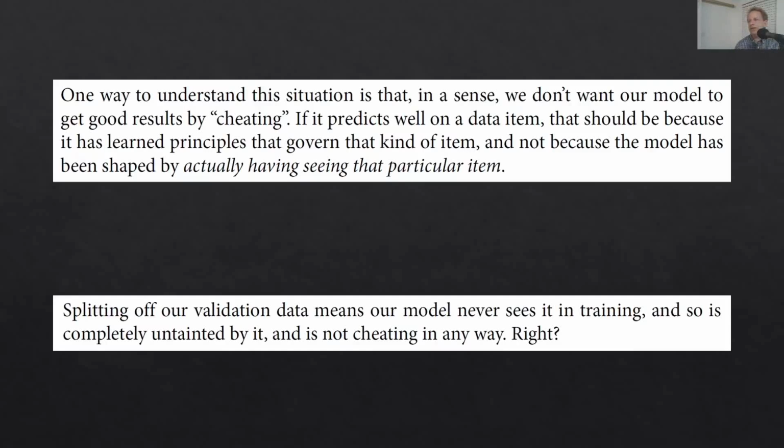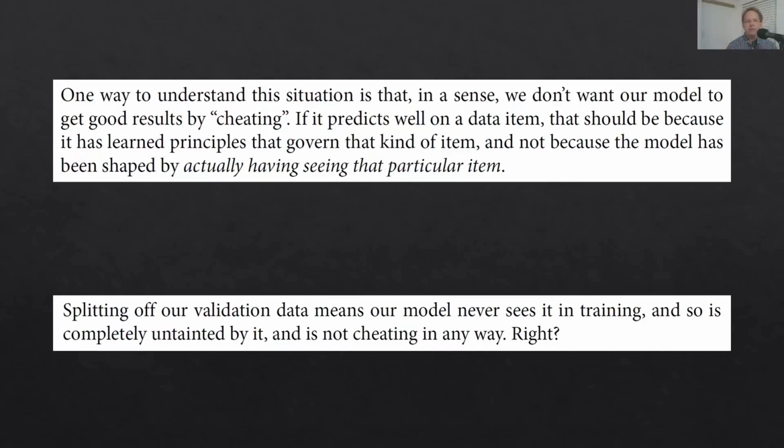The way we could cheat is we could fit a model, look at the result in the validation set, change something a little bit, fit another model, look at the validation set, change something a little bit. And we could do that like 100 times until we find something where the validation set looks the best. But now we might have fit to the validation set, right?